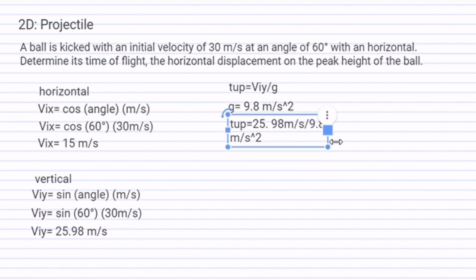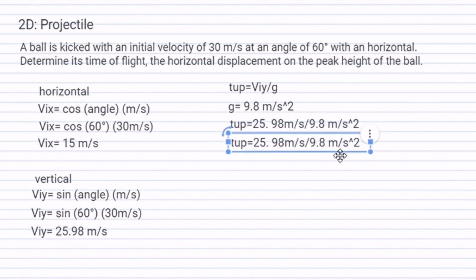So let's solve this. The value of the T up is 2.65 seconds. As I've said, just compute it directly in the calculator, so it will be more precise.